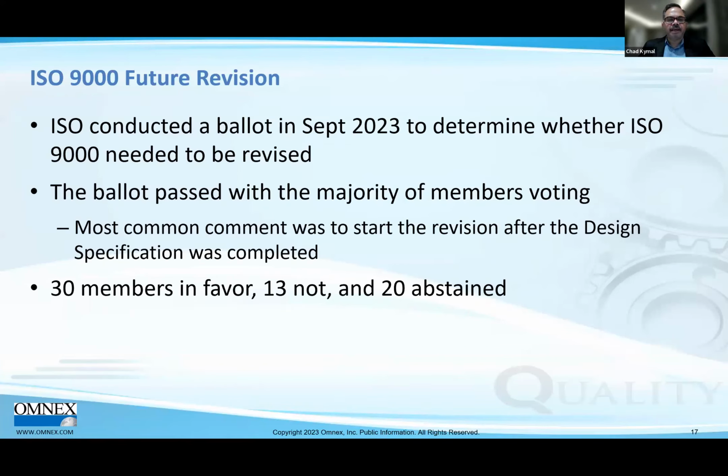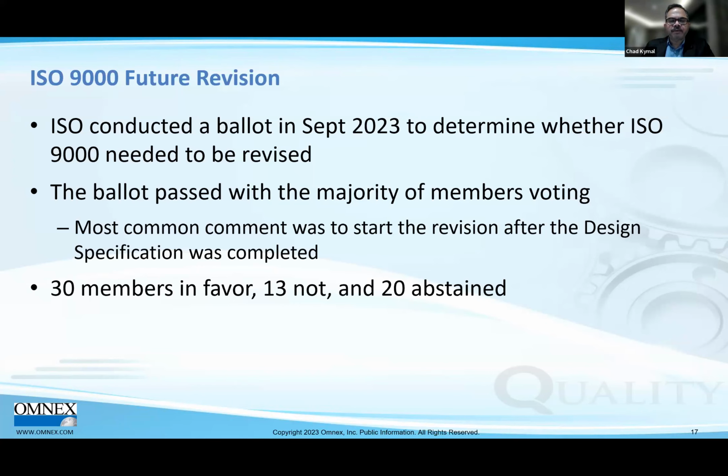So ISO 9000 did a ballot in September 2023 whether it needed to be revised, okay? And you might say, wow, really? Yes. And the ballot passed with the majority voting in favor. The biggest comment everybody had was, hey, get the design specification completed and follow your design document, okay?